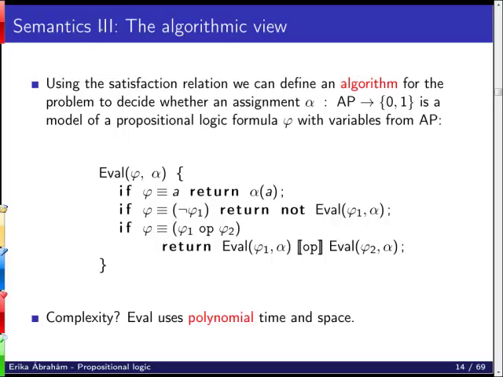How many assignments do I have for a formula with n variables? So the complexity of calling this algorithm on each possible evaluation would be exponential, and this is what is not good.